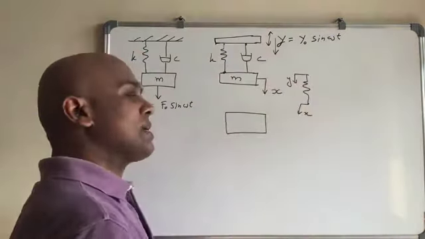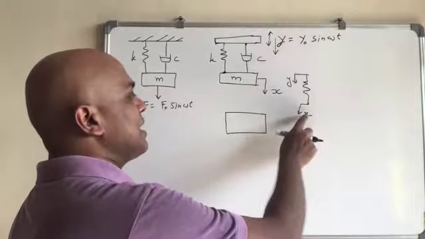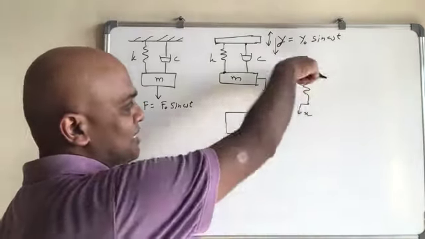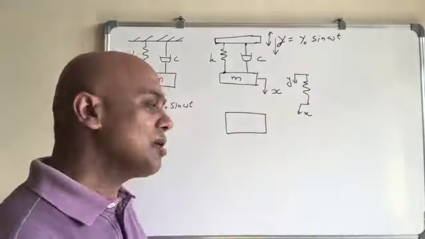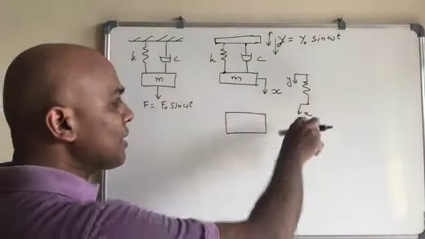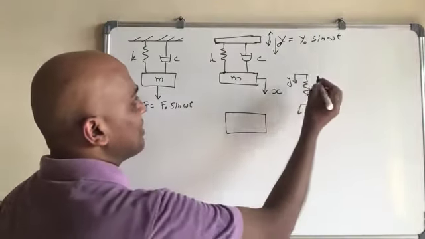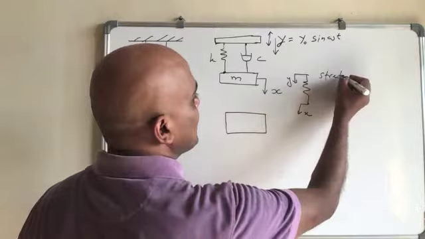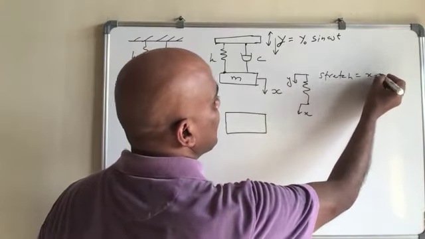You can also check it. Let us say y equal to 0, then x minus 0 is x, so the stretch will be x. Yes, it makes sense. So the stretch equals x minus y.